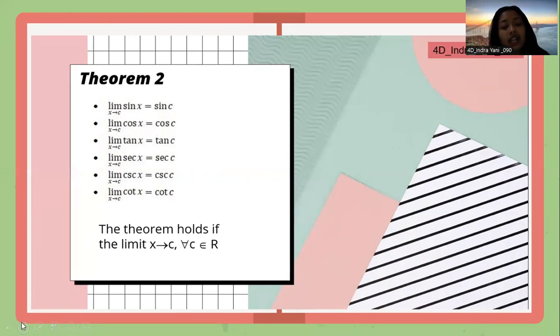Then the limit as x approaches c of secant x equals secant c. Then the limit of cosecant x equals cosecant c. And last but not least, the limit of cotangent x equals cotangent c. We should remember too that theorem 2 holds for all c an element of the real numbers.